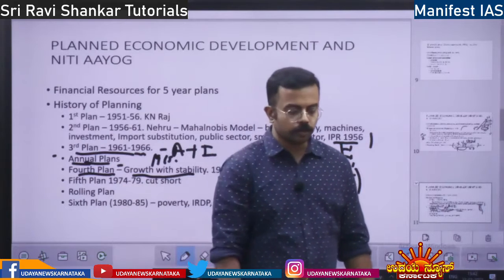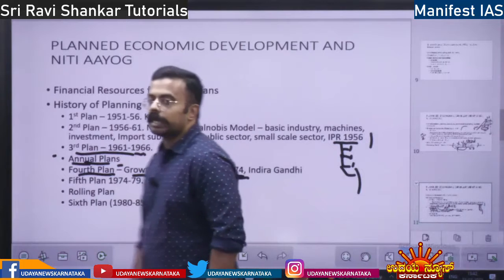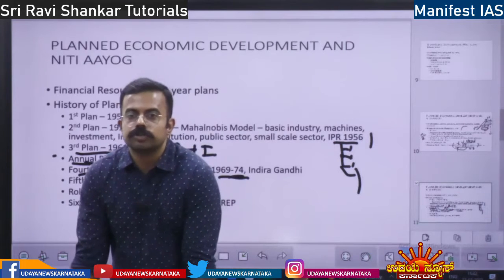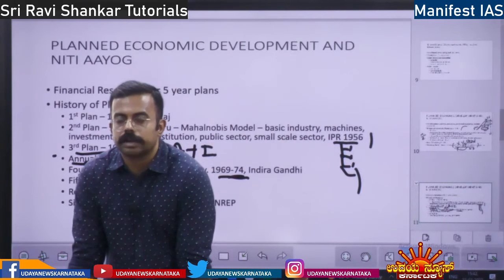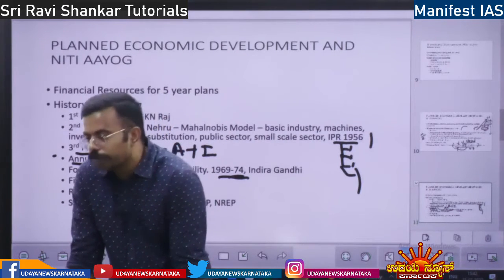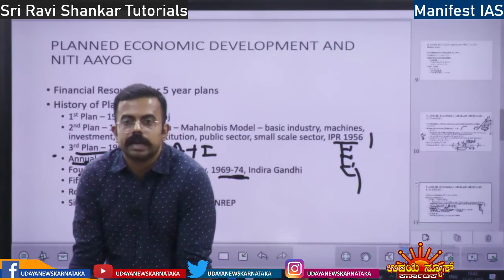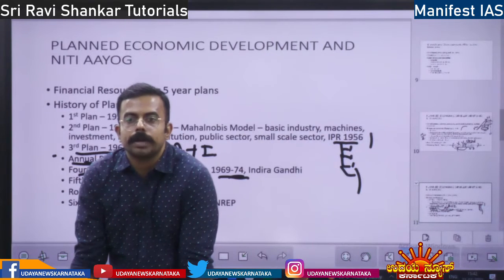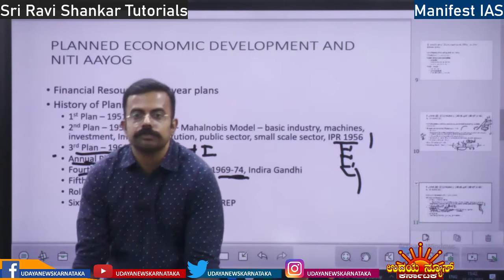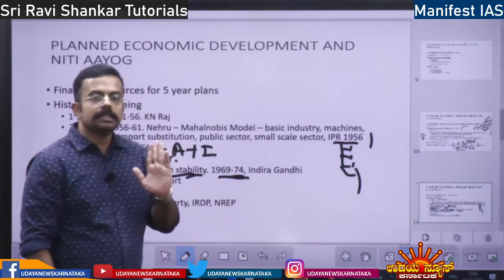Growth should happen, and it should be stable. Earlier, the economy used to grow, but it used to be unstable. Sometimes it used to fall down suddenly. Sometimes there will be huge unemployment, right? Sometimes there will be huge inflation. There won't be proper stability in the economy. That is why this plan focuses on growth with stability.